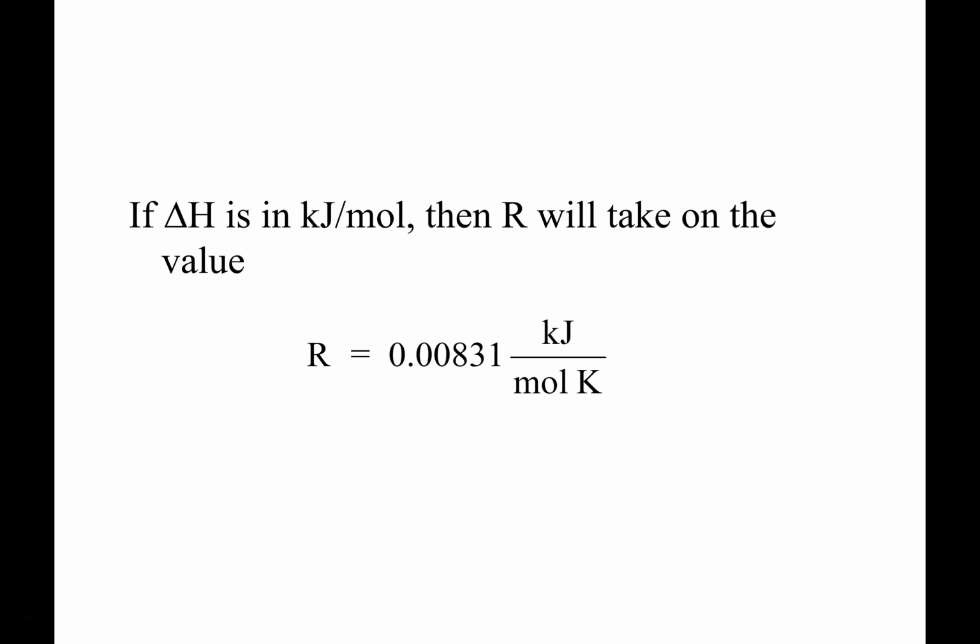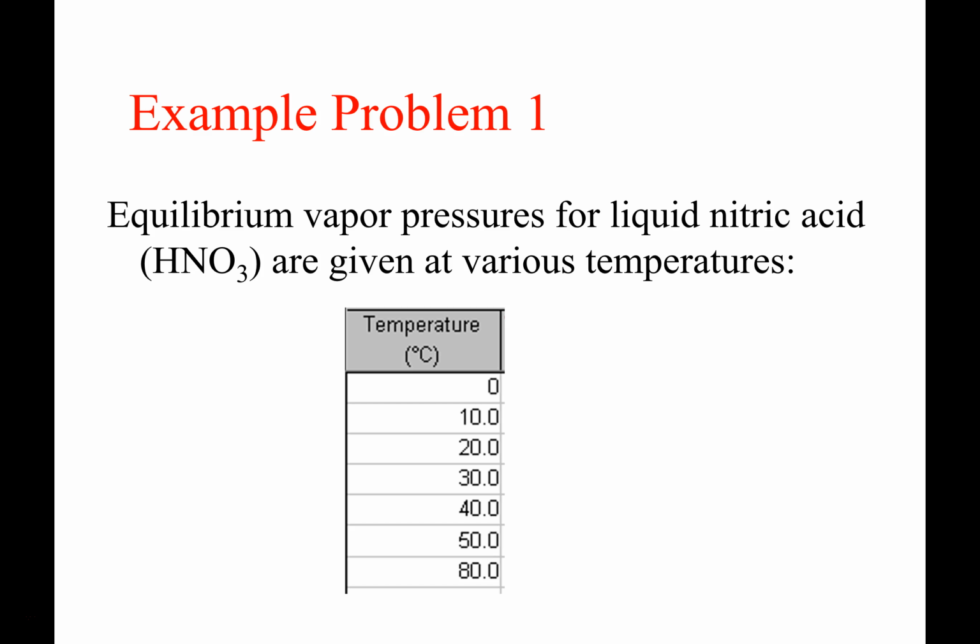All right, so here we go. I'm going to talk you through, remember I said, you started the lecture, that's what you're going to do in lab. So here's where it is. Okay? So for instance, you're not going to use nitric acid, you guys are going to use methanol. But what we can do is run a substance, in this case, at increasing temperatures. So what should happen to the equilibrium vapor pressures? Should go up.